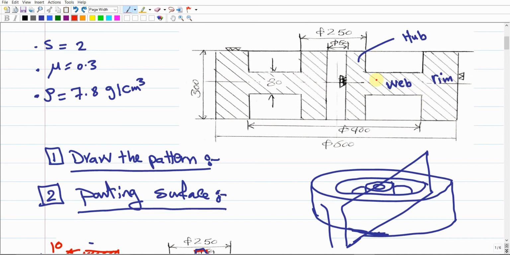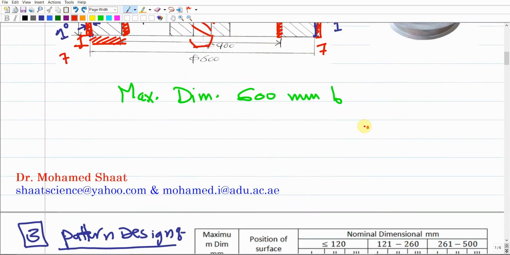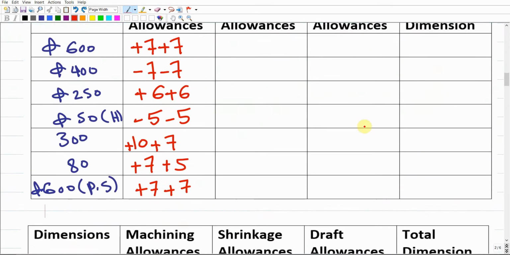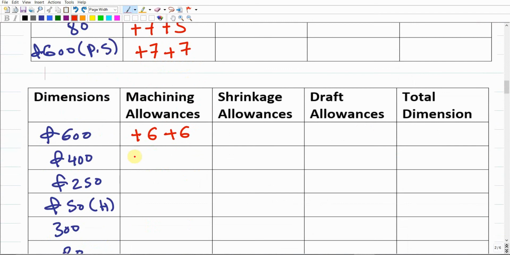No, there are no machining surfaces here. So what does it mean? It means that we are not required to do machining on these surfaces, so no machining allowances will be added to the 400 millimeter dimension. It means that next to the 400 millimeter in the table, you just mark that there is no machining. There is no machining added to the 400 millimeter dimension. It means that there is no need to go to the table. Make sense?